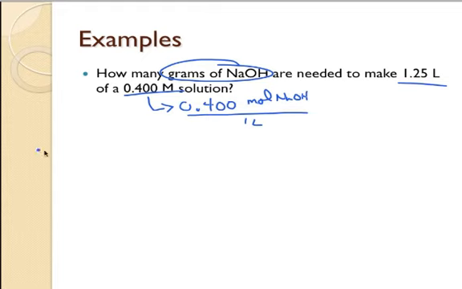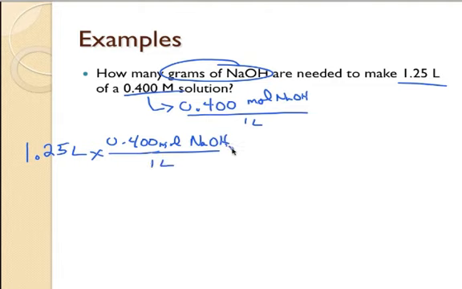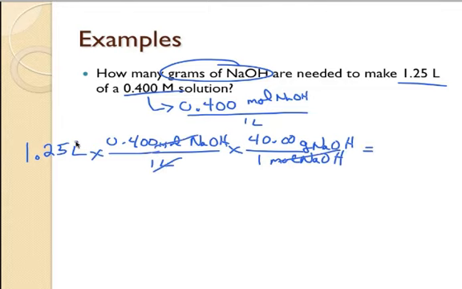Can I go from moles of sodium hydroxide to grams of sodium hydroxide? I can. So let's start with 1.25 liters of the solution times 0.400 moles sodium hydroxide in 1 liter times 1 mole of sodium hydroxide. How many grams of sodium hydroxide do I have? Well, that's just the molar mass. If I calculate that, I get 40.00. Moles cancel, liters cancel.